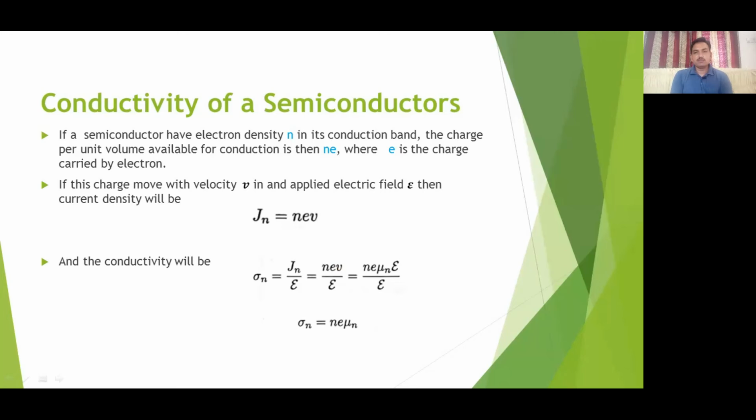And v, from our discussion of mobility, is μ ε. So ε cancels, and you get the relationship for conductivity, σ = n e μ_n. So conductivity is very much related to the mobility of the charge carriers that exist in the conduction band or the valence band of the material.